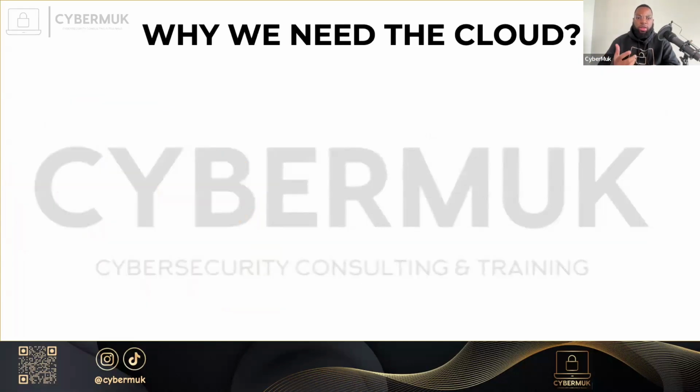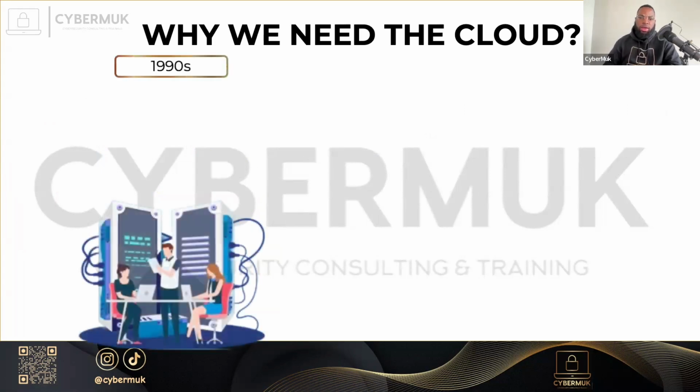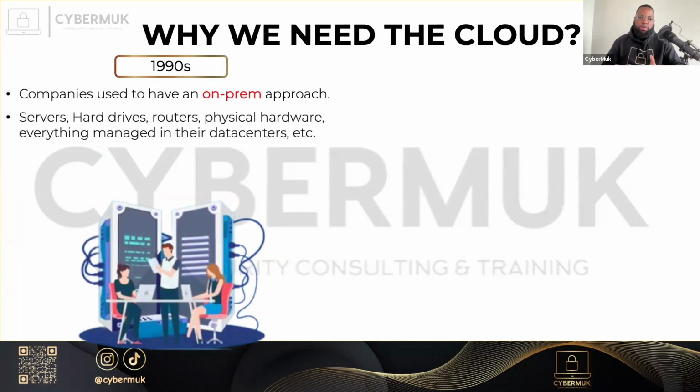So why do we need the cloud? How did it come about? In the 90s, we used to have an on-prem approach. What is an on-prem? On-prem stands for on-premises. So on-premises means you had servers, you had hard drives, routers, everything was managed within a data center.